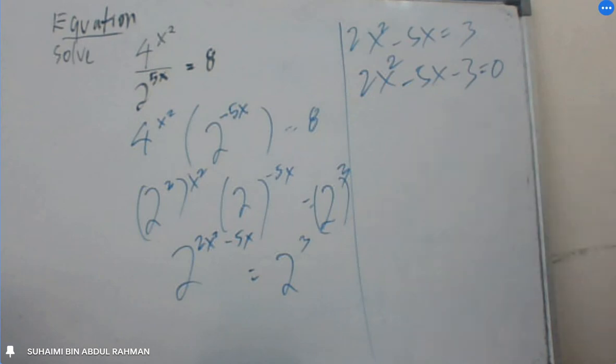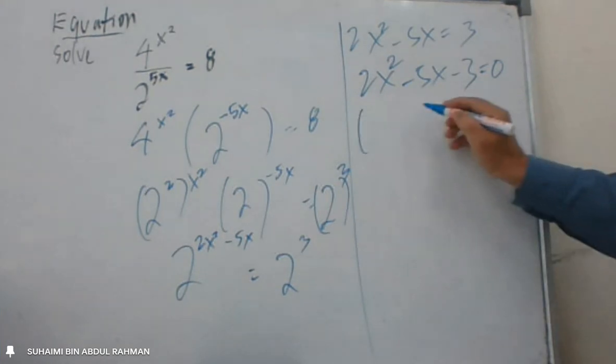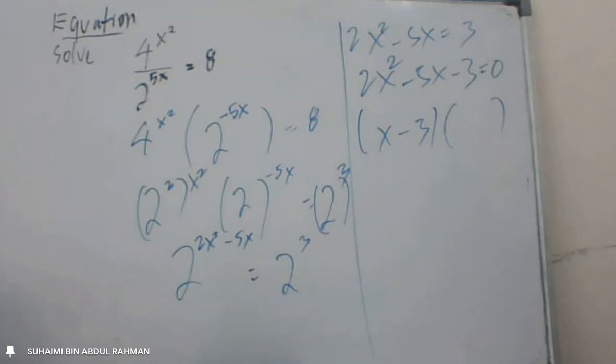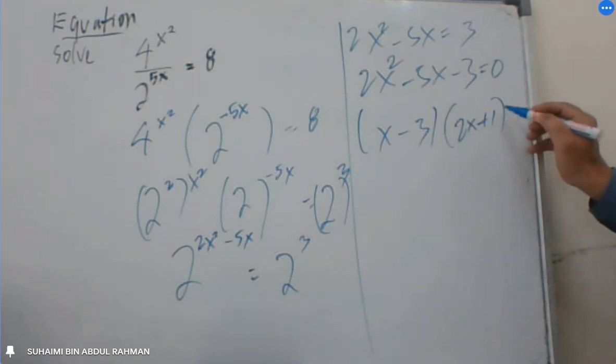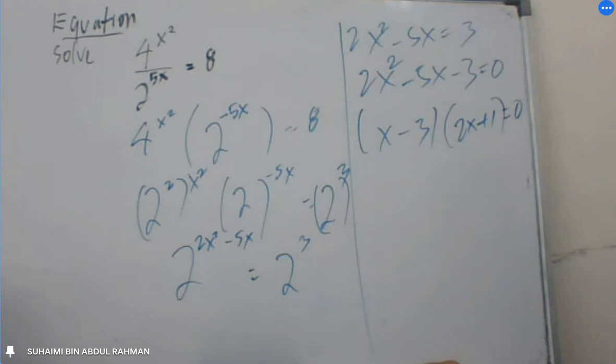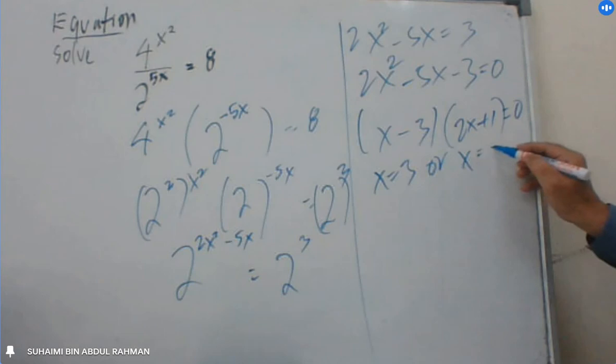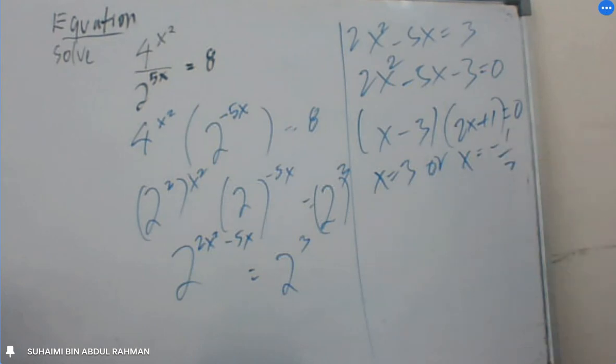It's quadratic now. Factorization: x minus 3, 2x plus 1 equal to 0. x equal to 3 or x equal to minus 1 over 2.